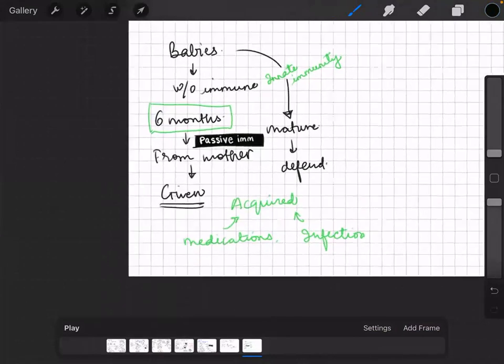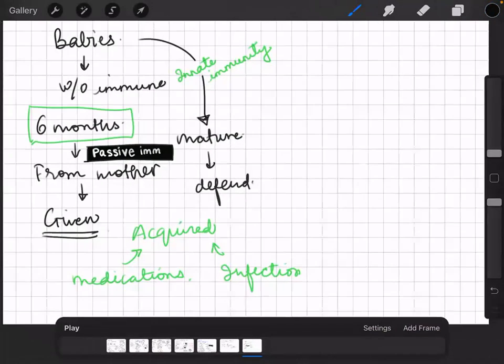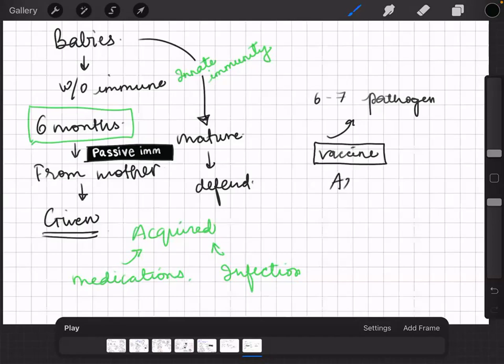But let's say as a child who is 6 or 7 months old, you get infected by a particular pathogen, and then your body, along with certain vaccines that people will give you, if you have the ability to defend that infection, then the immunity that you get because of the vaccine is called artificial immunity.